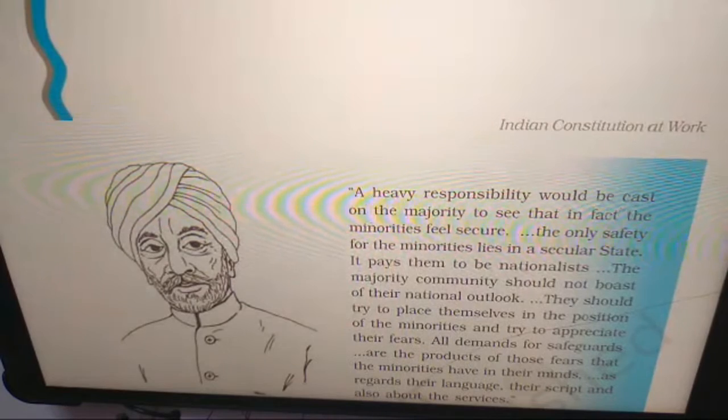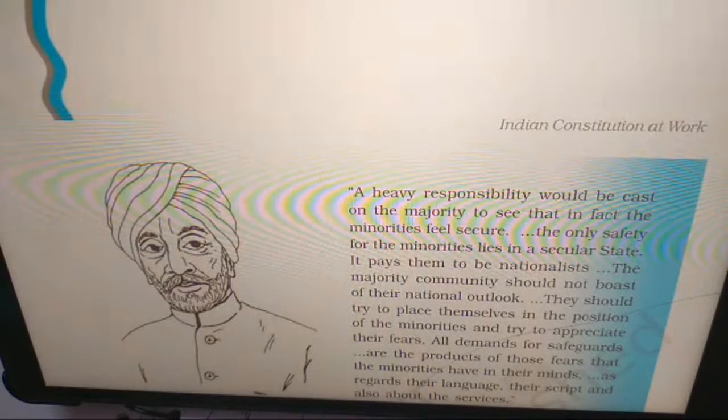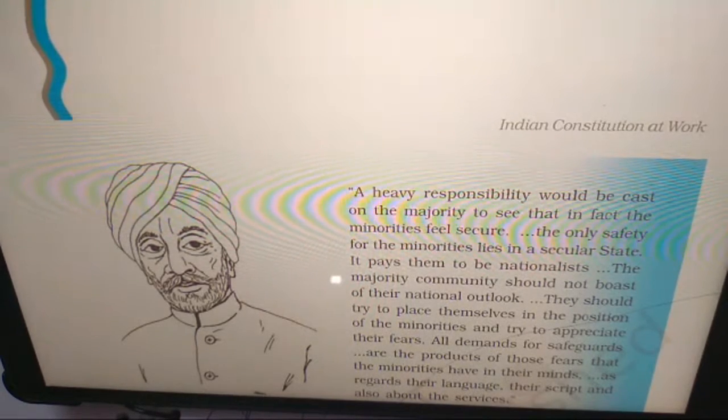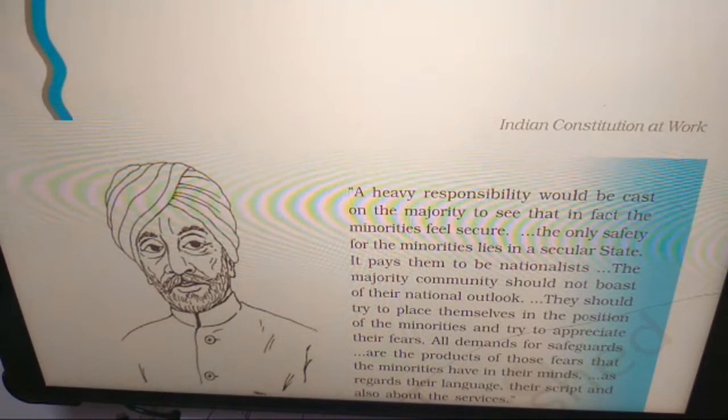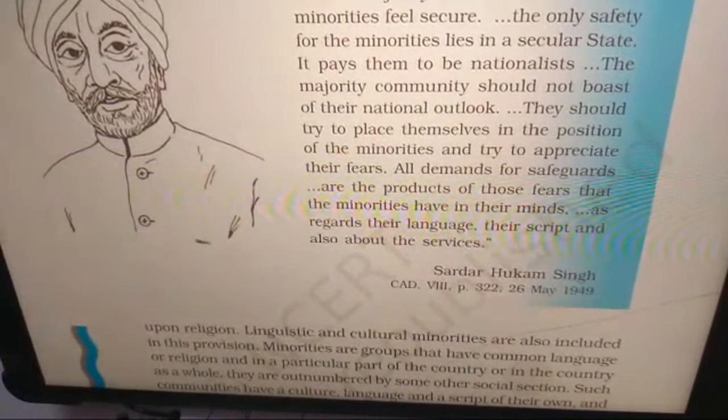They should try to place themselves in the position of minorities and try to appreciate their fears. All demands for safeguards are the products of those fears that minorities have in their minds as regards their language, their script, and also about the services. Sardar Hukam Singh, Constituent Assembly debates.